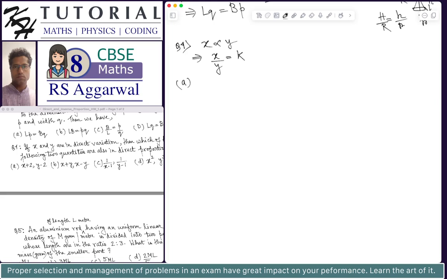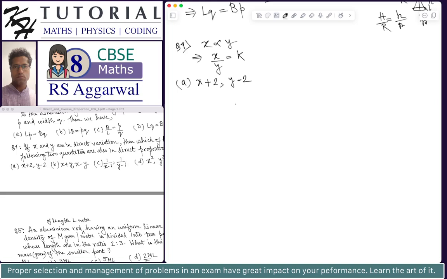For the first option, the quantities are x plus 2 and y minus 2. So we need to see whether their ratio is a constant or not. For these two quantities, x plus 2 and y minus 2, their ratio may be some other constant.